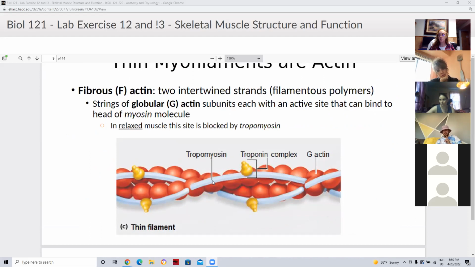So underneath this little spot right here, this rope of tropomyosin, which is wrapping around these globular strands of actin, are spots where myosin binds to the actin. When troponin binds to calcium, the tropomyosin is going to shift away from those active sites and expose them, allowing myosin to bind to the actin.